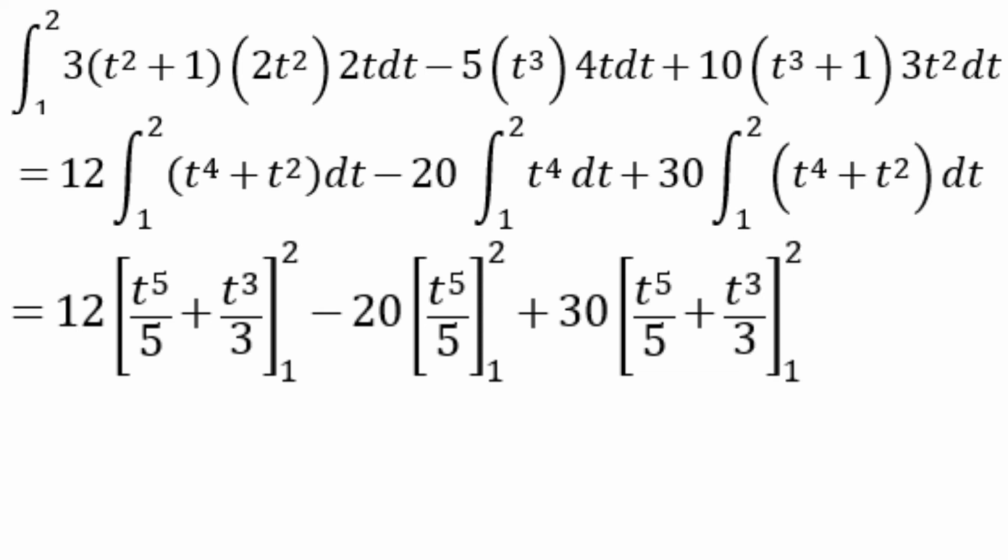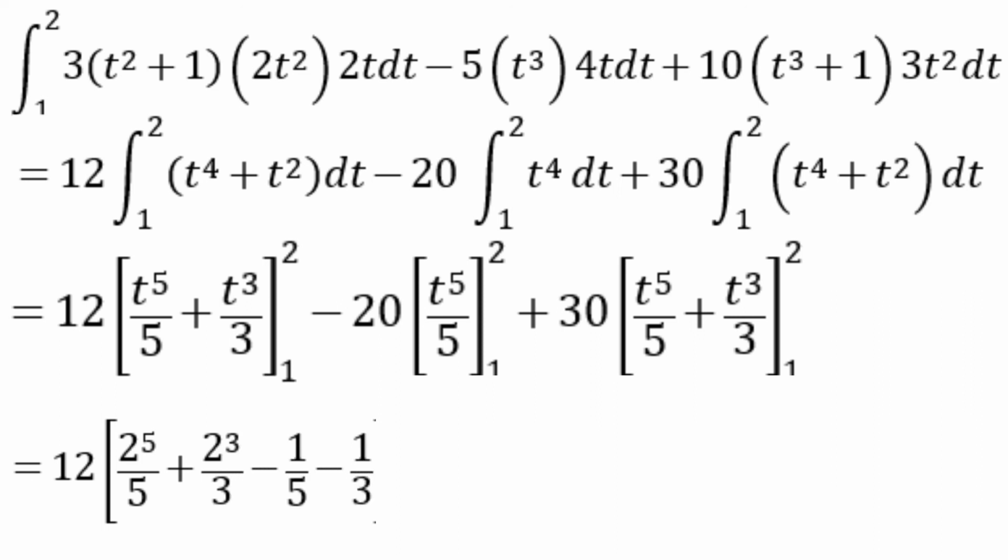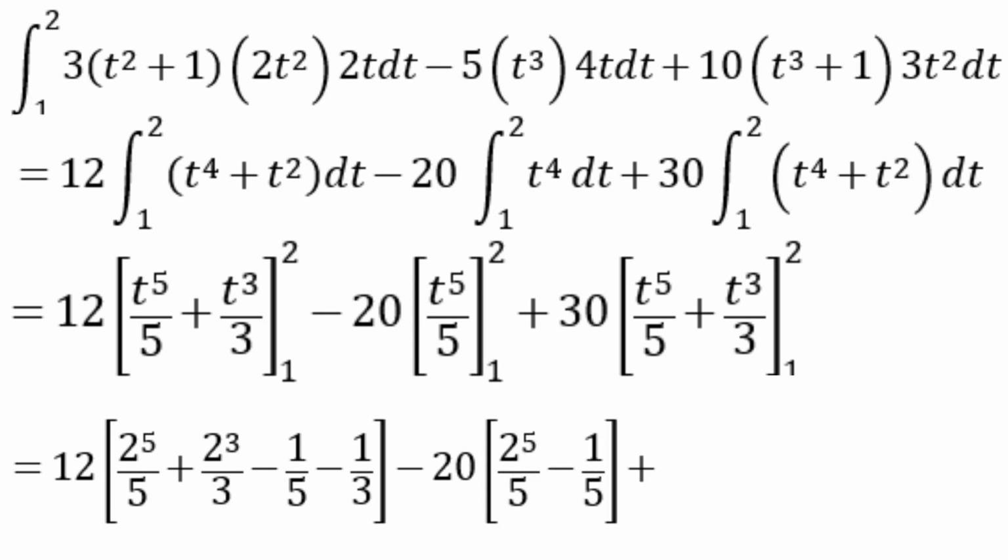Now we substitute the value of the limits. Equals 12 times 2 raised to 5 divided by 5 plus 2 raised to 3 divided by 3, minus 1/5 minus 1/3, minus 20 times 2 raised to 5 divided by 5 minus 1/5, plus 30 times 2 raised to 5 divided by 5 plus 2 raised to 3 divided by 3, minus 1/5 minus 1/3.